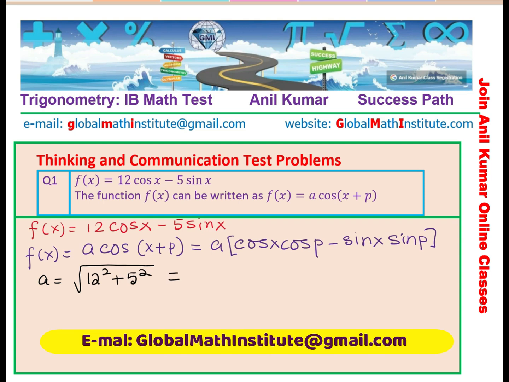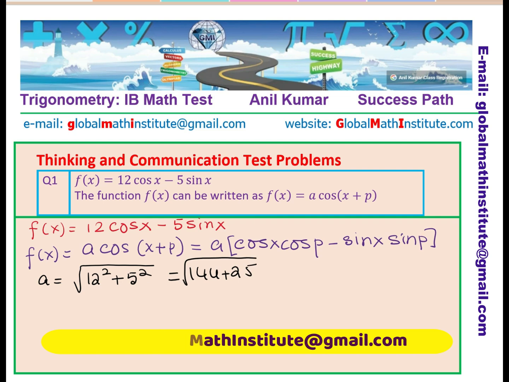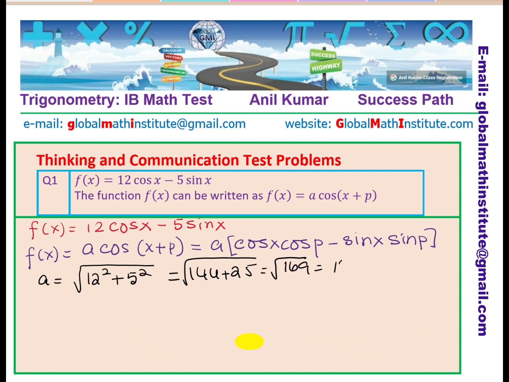So 12 squared plus 5 squared is the value of a, which is 144 plus 25, the square root of 169, which is 13, right? So if I write a as 13, in that case I could rewrite f of x.